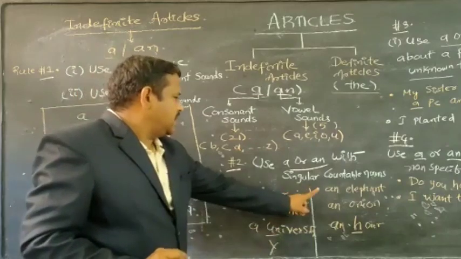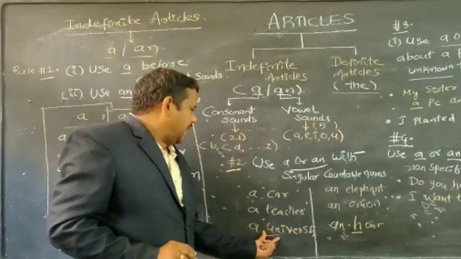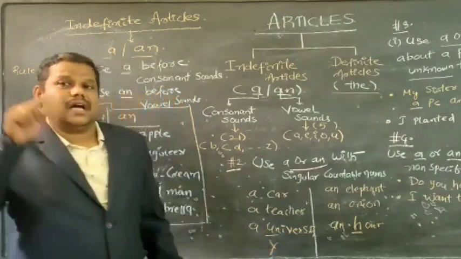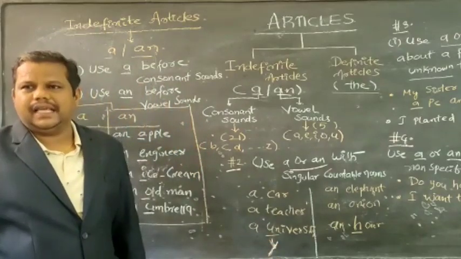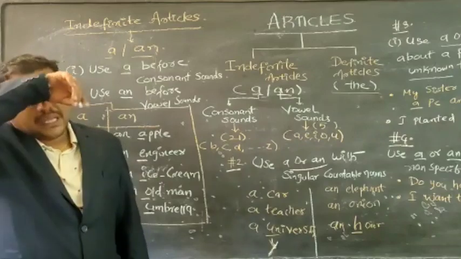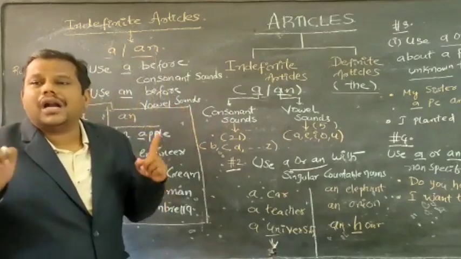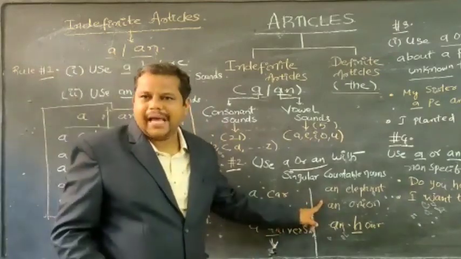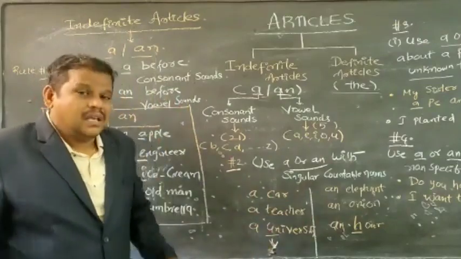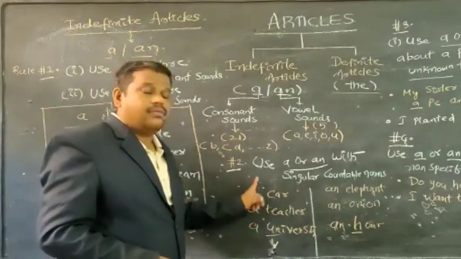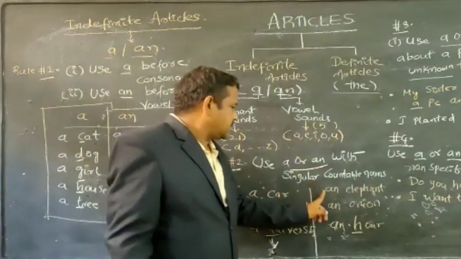Although university looks like a vowel, the sound is in the form of Y. You are getting a Y sound. So you should not consider it as an, instead you should consider a university as correct, because the pronunciation is in the form of a consonant, though it is a vowel letter.